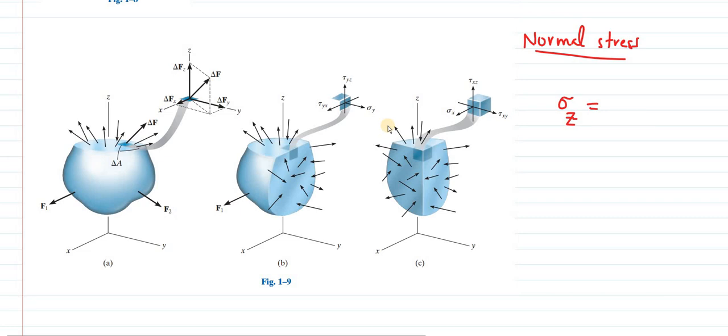If you want to give it a complete name, you could give it a complete name of sigma zz, but we often call it just sigma z. In this case, the first subscript denotes the area on which it is acting, or the plane on which it is acting, and the second subscript denotes the direction of the stress.